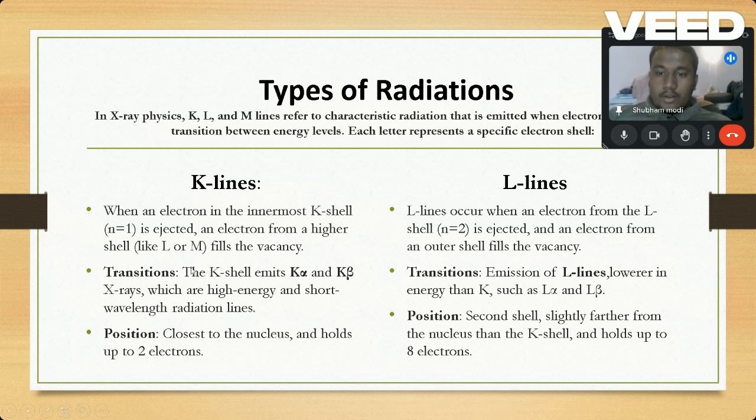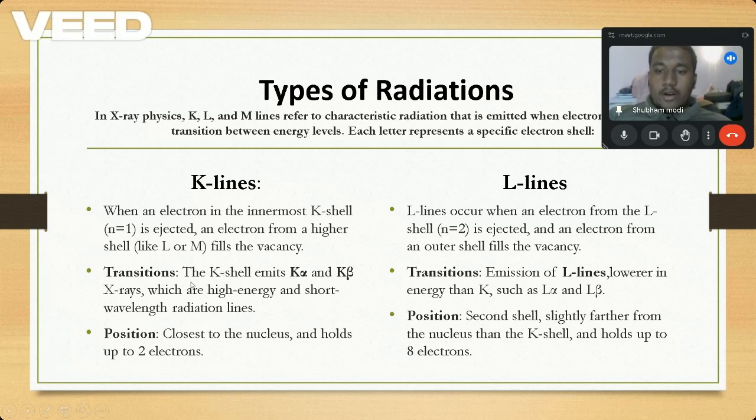The transitions in the K shell emit K alpha and K beta X-rays, and there is also a probability of K gamma, which are high energy and short wavelength radiation lines. The K shell's position is closest to the nucleus, at the n equals 1 state, which can hold up to a maximum of 2 electrons.